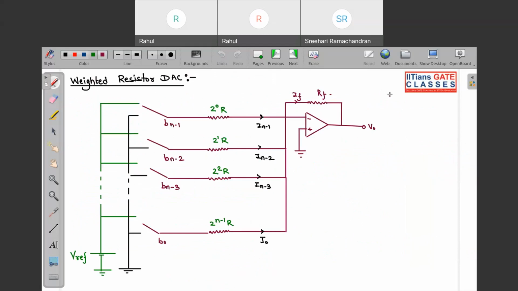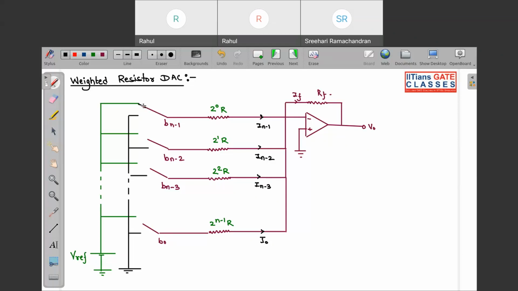The next is your weighted resistor DAC. This is purely based on how well you can solve analog circuits. By looking at this circuit, first let me explain. Basically these are your switches.